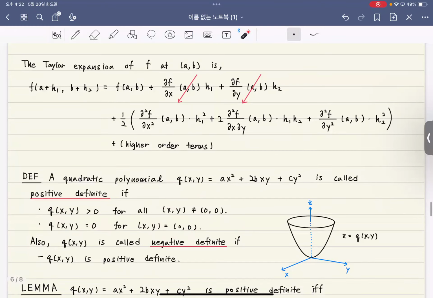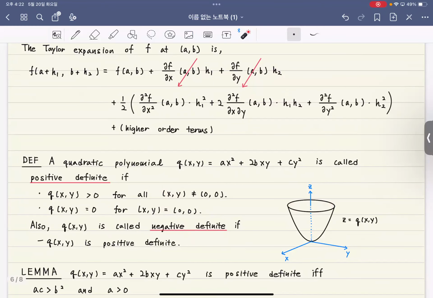So I tried to draw a silly picture. If you do not get a clear idea of what a positive definite quadratic polynomial is, then why don't you just try to draw the graph of this function? This is the graph of v equals Q(x, y). In order to be positive definite, the only possible graph is going to be something that looks like this.